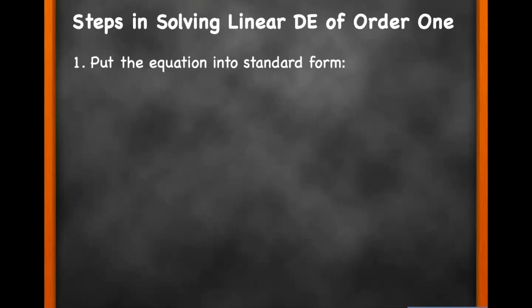Okay, so here are the steps in solving a linear differential equation of order 1. First, put the equation into standard form. And what is the standard form? If the given equation is linear in y, this is the standard form, where the first term is dy over dx, where the dependent variable is y and the independent variable is x, plus p as a function of x times y.